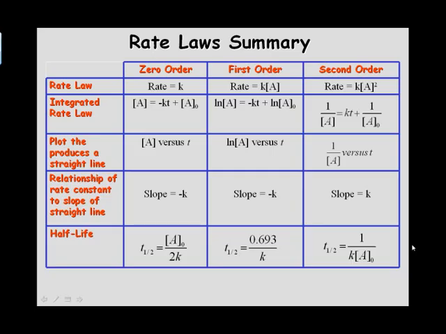So, in summary, and this table is actually in your textbook, this table summarizes the rate law for zero, first, and second order, and it has the integrated rate law equation in the form y equals mx plus b.